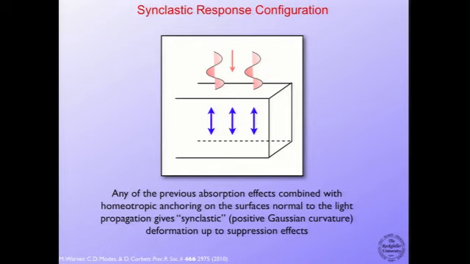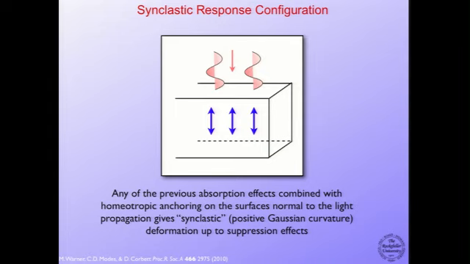If you arrange your piece of material, again, just a monolithic block that's a monodomain, where now the nematic director is pointing along the direction of the incident light, and then you put on top of that some sort of thickness gradient, so again, an absorption effect, say, there's no difference between any of the perpendicular directions, right?